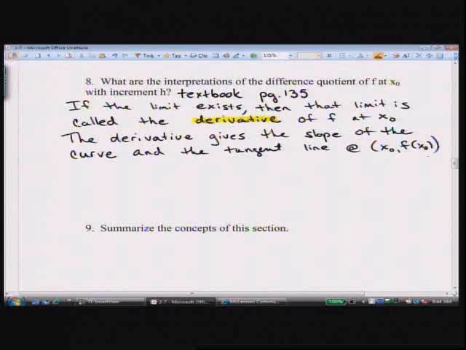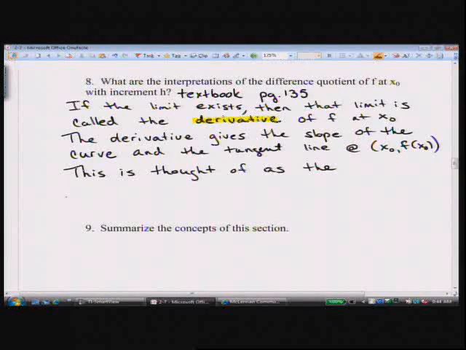This is thought of or described to be the instantaneous rate of change.